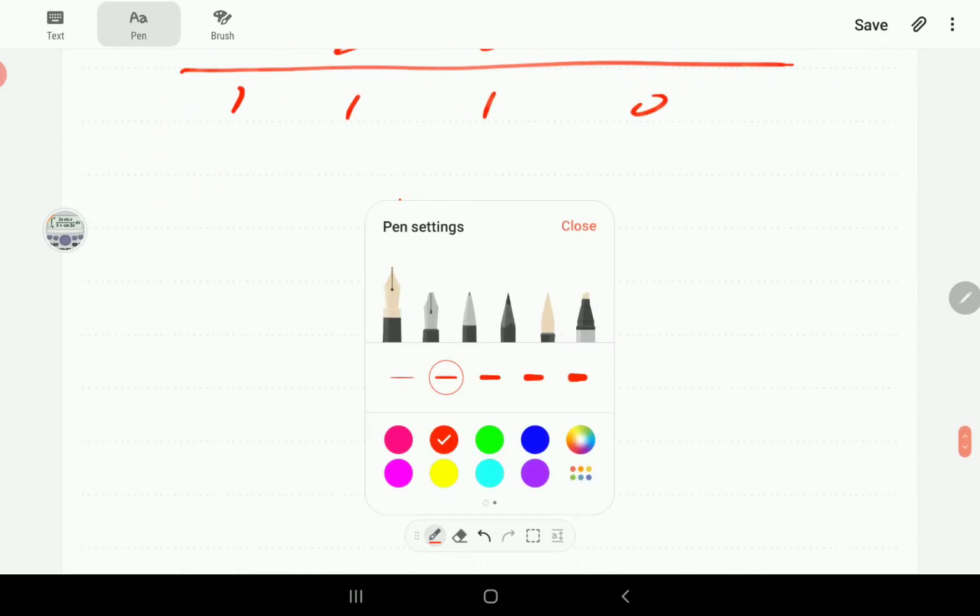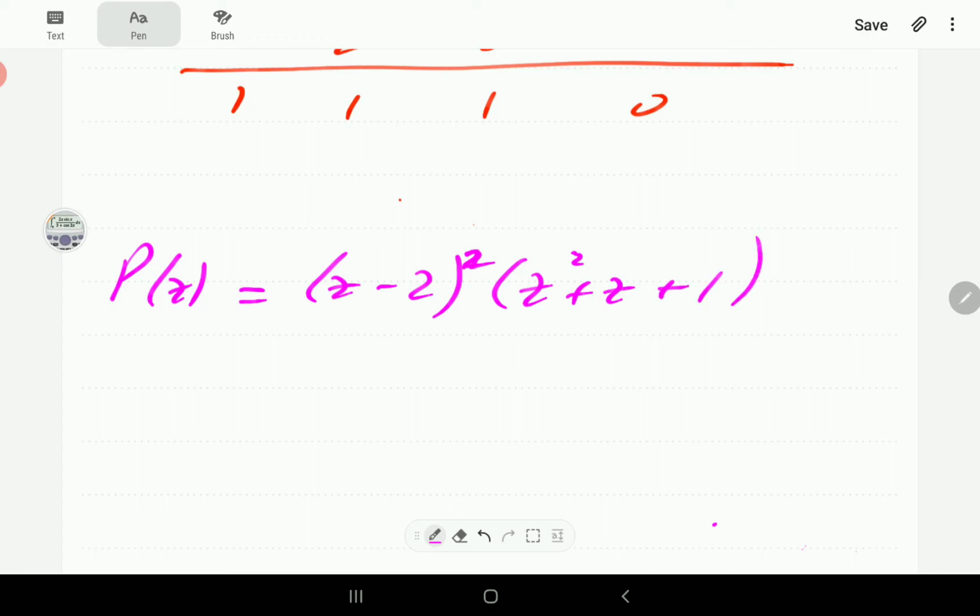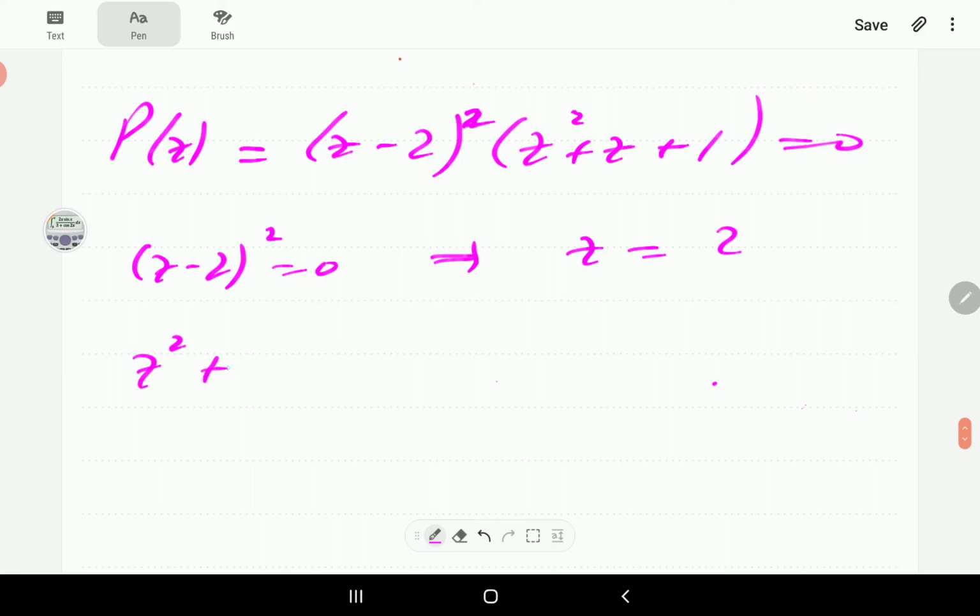So what's happening now is, P of z is z minus 2 times z minus 2, then times z squared plus z plus 1. So if we set this equal to 0, then either this is equal to 0, from which we already know z equals 2, or this quadratic is equal to 0.